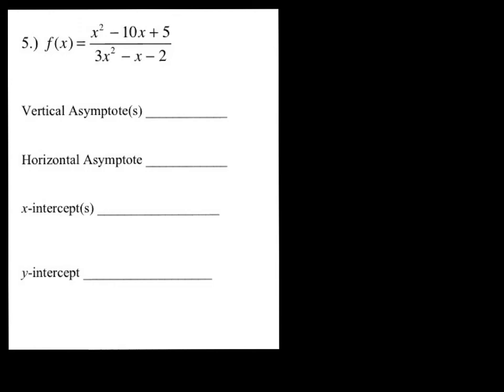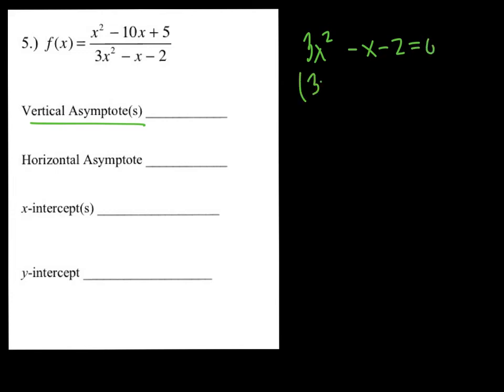The last one I'm going to do with you guys is number 5. Same thing again, but we've got the function now x squared minus 10x plus 5 over 3x squared minus x minus 2. So your vertical asymptote, we're going to set that denominator equal to 0. 3x squared minus x minus 2.